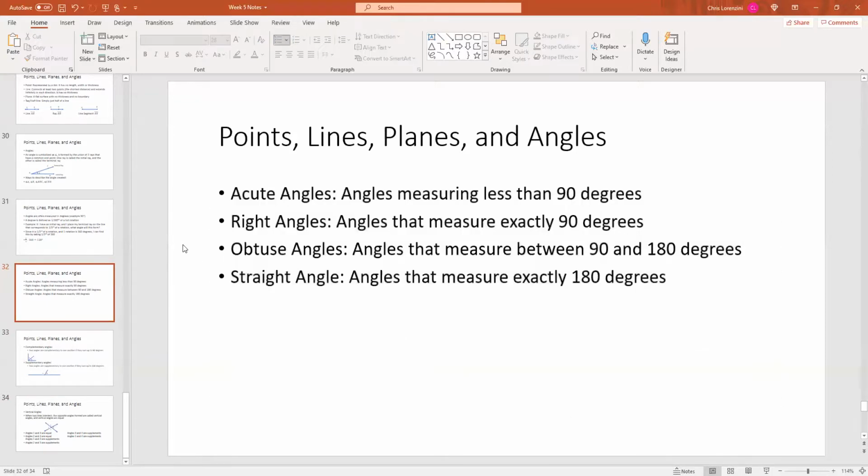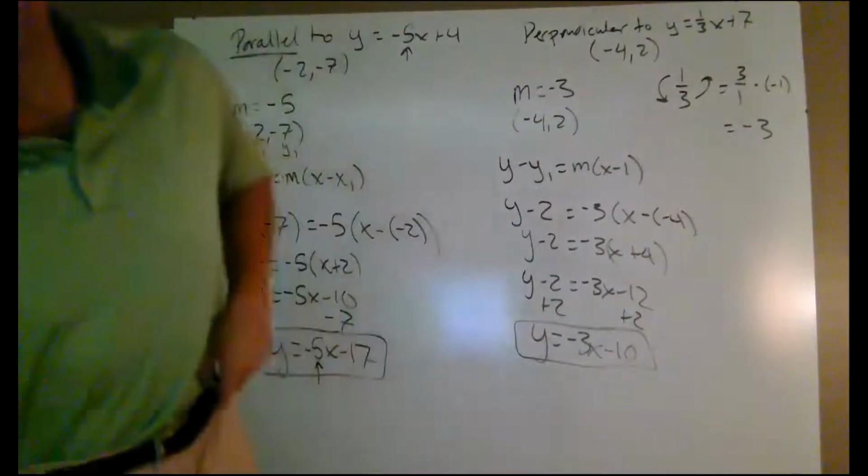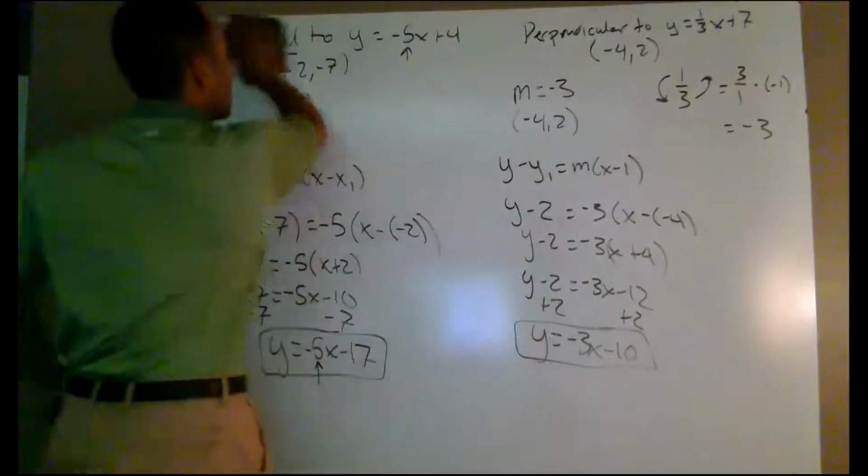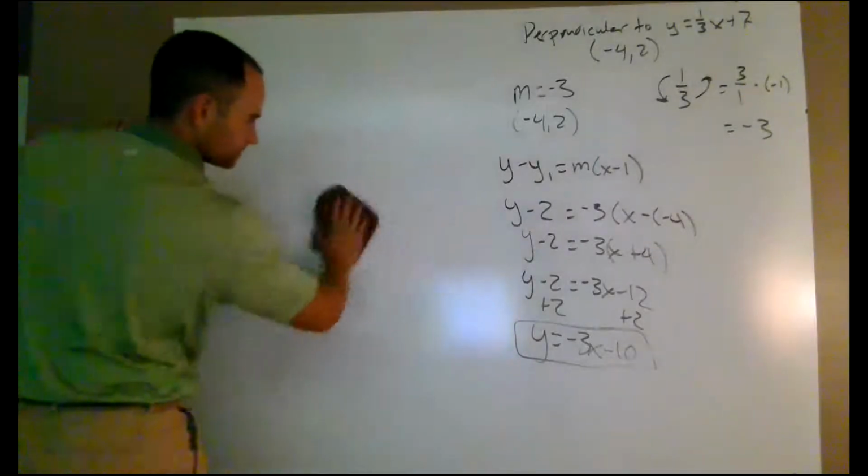You know what it is. Acute angle, less than 90. Right angle, exactly 90. Obtuse angle, between 90 and 180. Straight angle, exactly 180. I'm going to draw those on the board so you can visually see what those look like. Make sure we understand that concept.